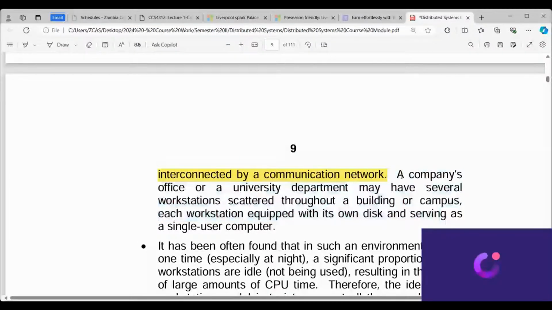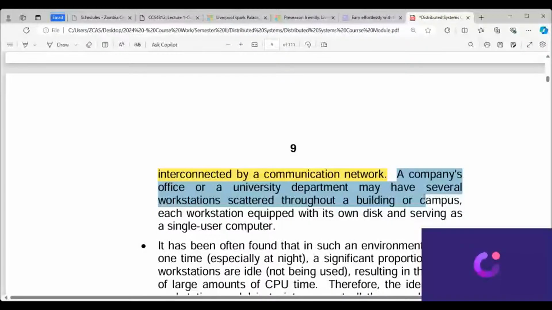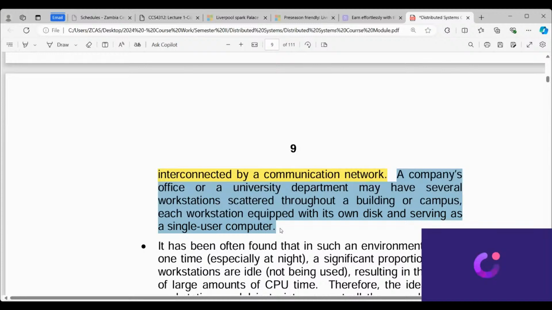We are saying a company's office or university department may have several workstations scattered throughout a building or a campus, and each workstation is equipped with its own disk, serving as a single user computer, meaning it can operate independently.